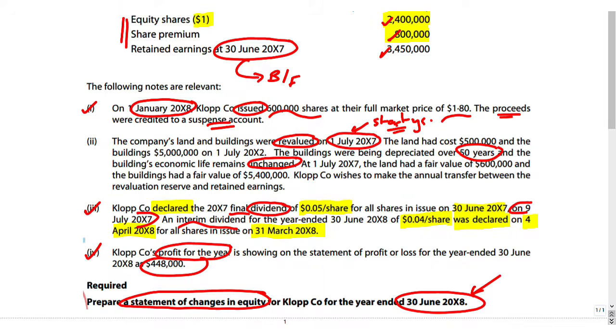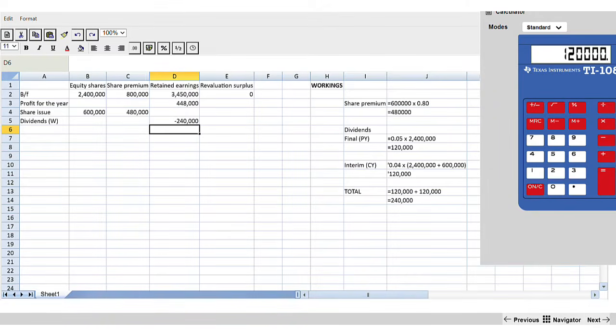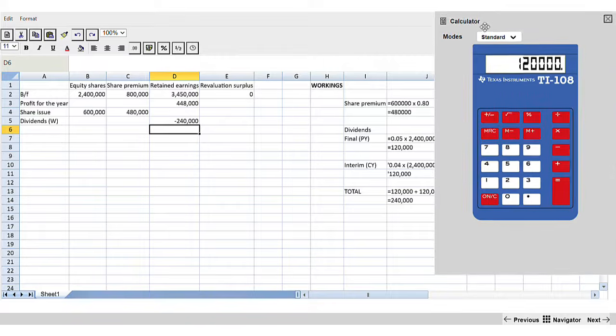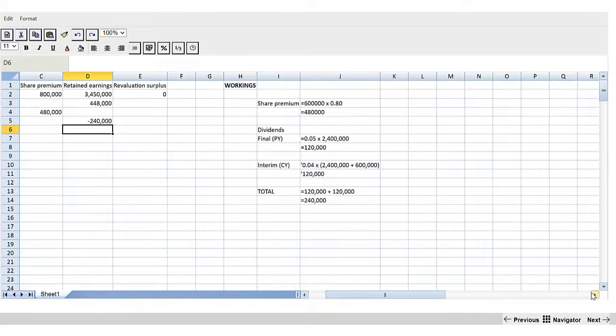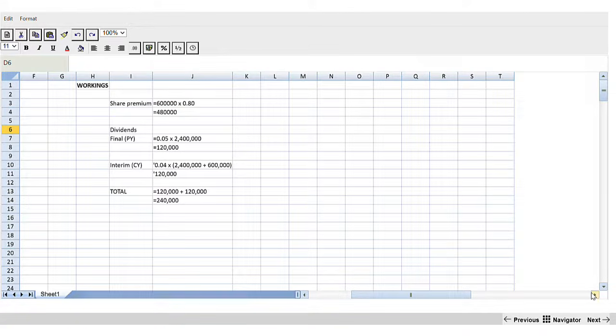So there's a lot going on within there, isn't there? Let's go through and set it up as a working. Let me just get rid of the calculator. I'm going to give myself a little bit of space to do my standard 4-column approach with regard to a revaluation.